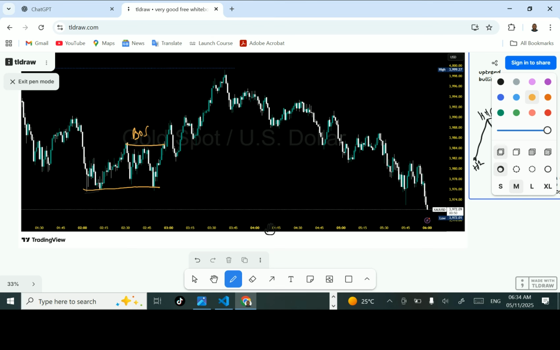And immediately after the market had a break of structure, we saw a pullback. This pullback, our higher low formed here. We see another break of structure here, a higher high. We see a pullback, which is a higher low. Then we see continually the market broke another structure from a higher high.